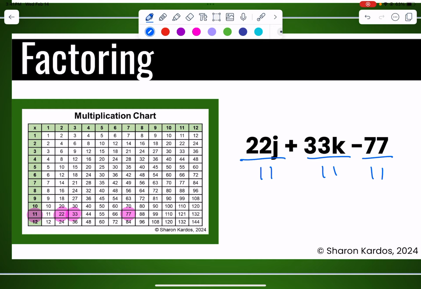I'm going to pay attention to my plus signs and my minus signs, but 11 goes outside since it's the greatest common factor. 22 divided by 11 is 2, so 2j, plus 33 divided by 11 is 3, so plus 3k, and then I have a minus sign. 77 divided by 11 is 7. So there's my answer.